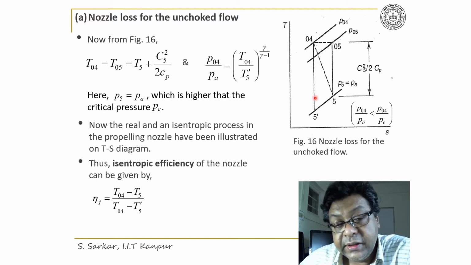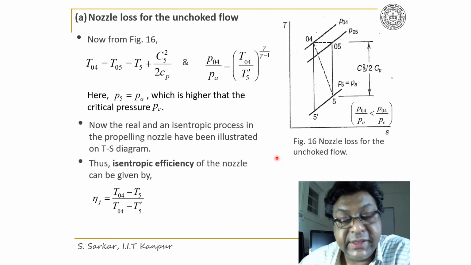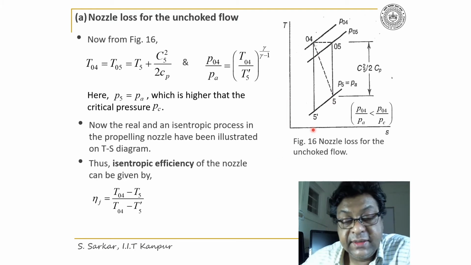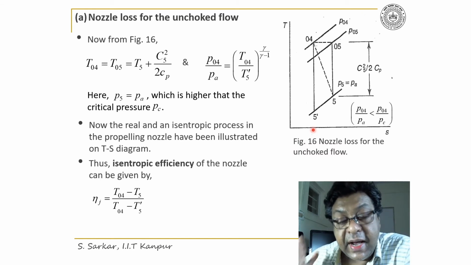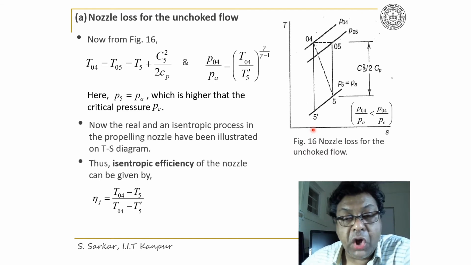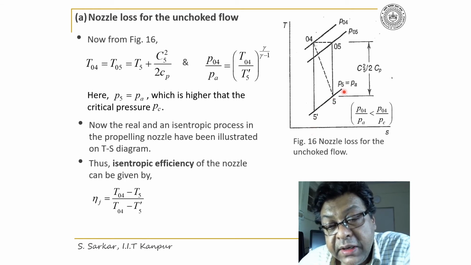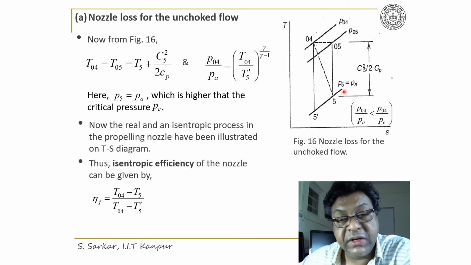And this is a non-isentropic process, so entropy has increased. And 04 to 5 dash is the isentropic expansion in the nozzle. So P5 is equal to the atmospheric pressure.